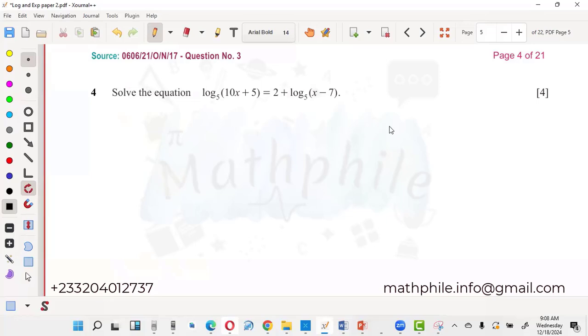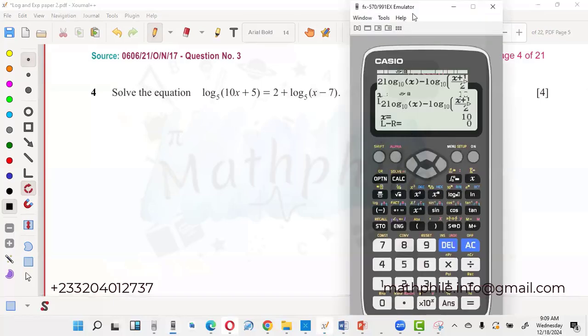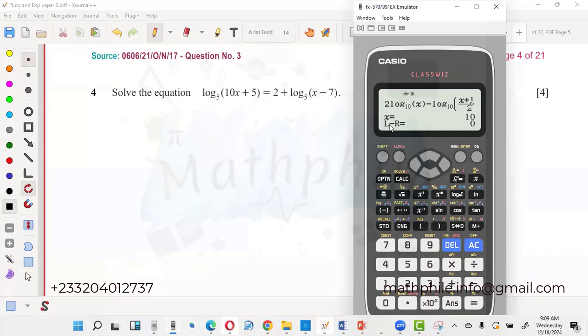Say x is equal to 12. Let's first use the calculator. Note that if L minus R is not equal to 0, it's likely the answer the calculator gives you is wrong.